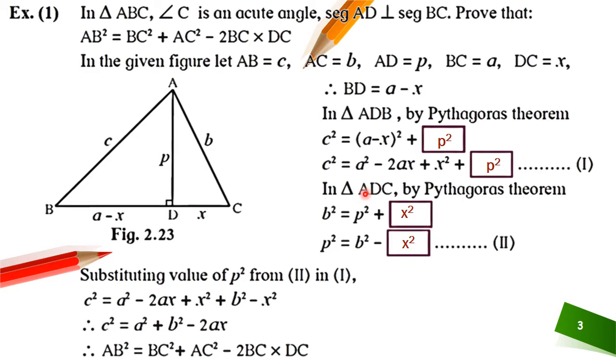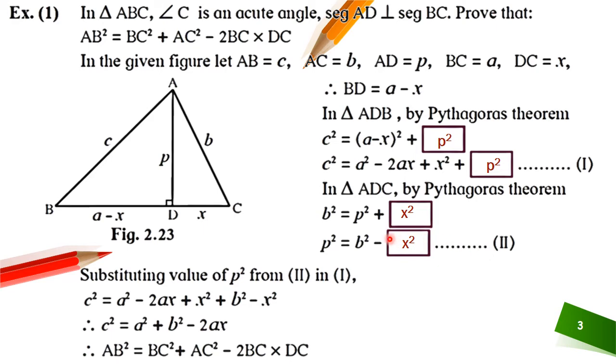Next, in triangle ADC, which is on the right side, here also you have a right angle triangle. If you apply the Pythagoras theorem, AC is the hypotenuse, so the length of the hypotenuse is b, so b square is equal to p square plus x square. Now we need the value of p square, so p square can be written as b square minus x square, that is equation 2.